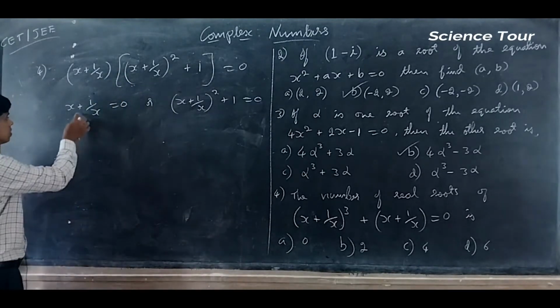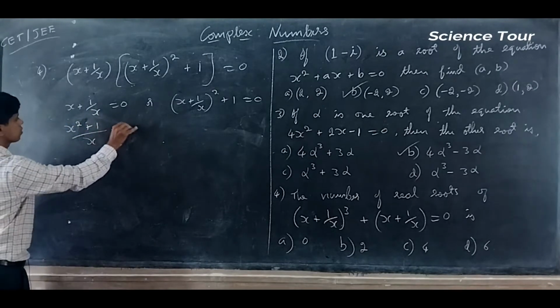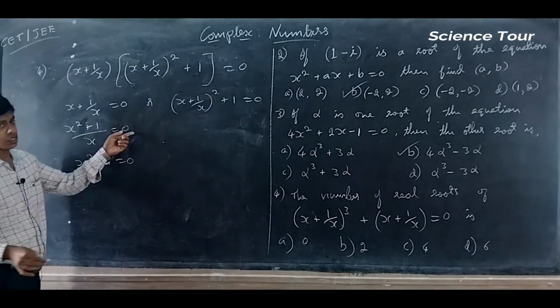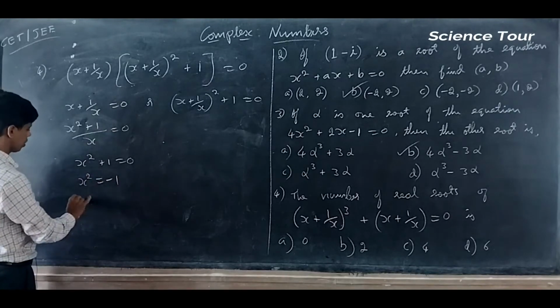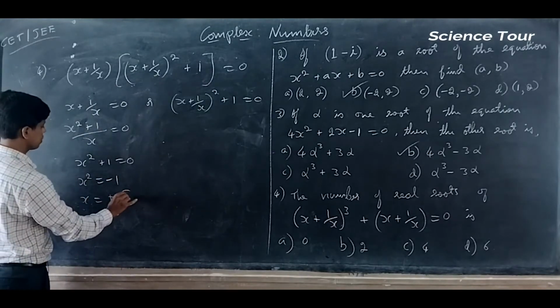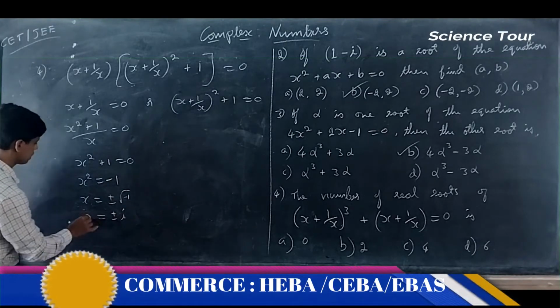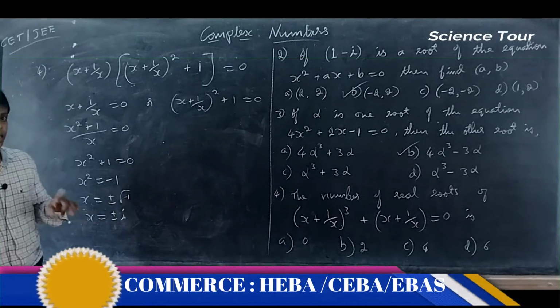So x plus 1 divided by x is equal to 0. That means x square plus 1 is equal to 0. Obviously x square is minus 1, so x is plus or minus square root of minus 1, which is plus or minus i. So is it real? No, it's not. We have not yet got even one real root.